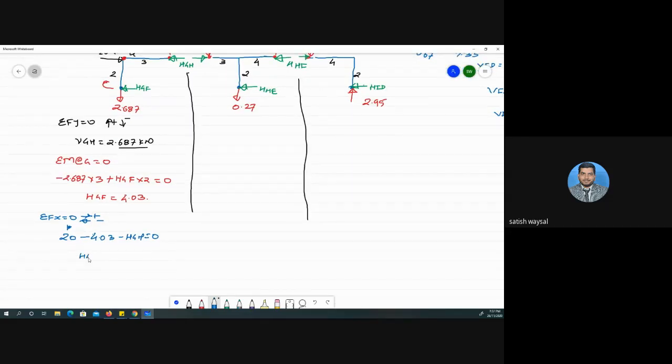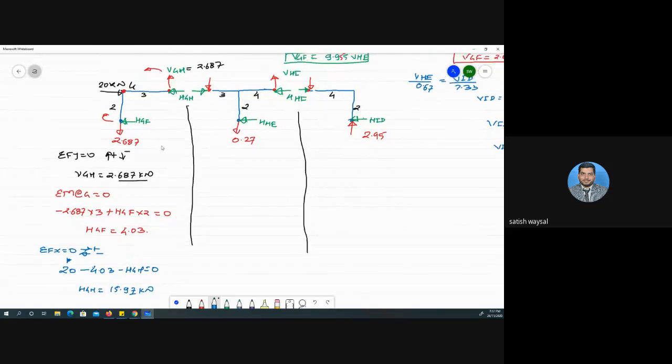So HGH is equal to 15.97. Very good, 15.97 kilonewton. We have determined this: this is 4.03 and this is 15.97.